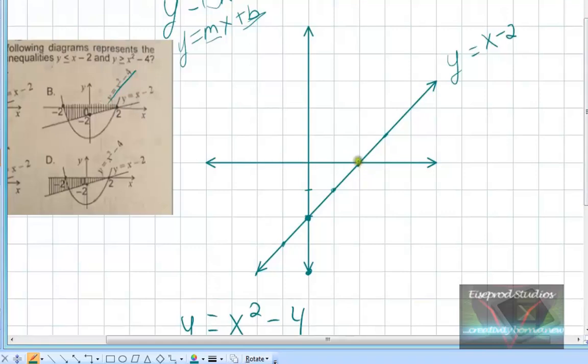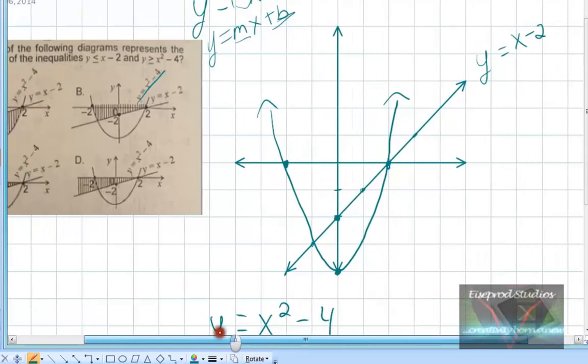So that means it's going to hit again here and also out here at -2. And then it's going to look something like this. It could be wider if I had made the distance between my points wider, but essentially this is what we're looking at. And now we want to see what the inequalities say.